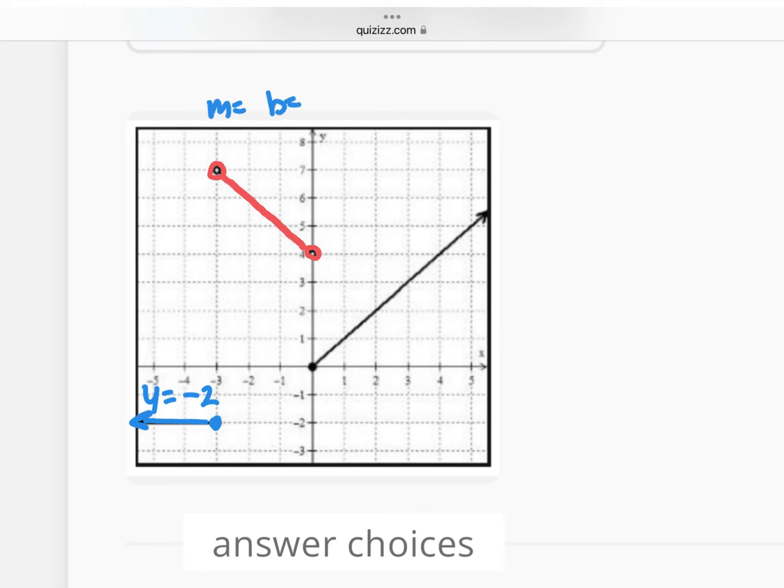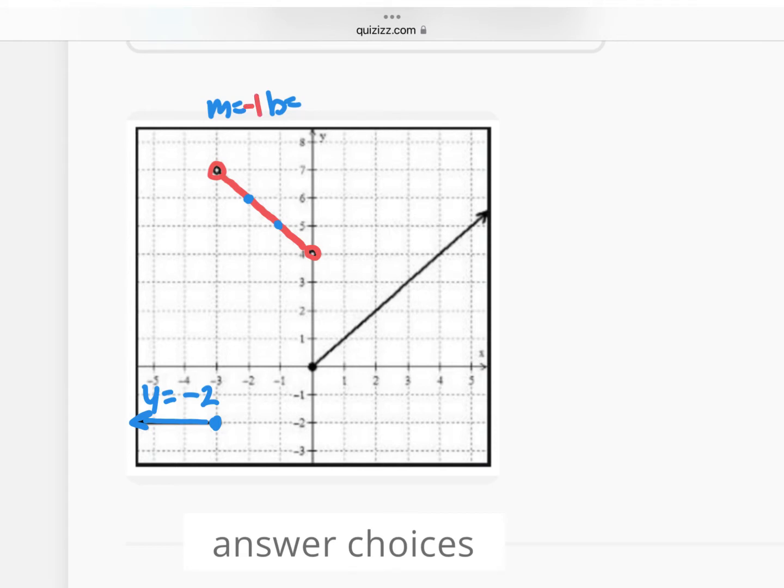Now the m value is how much it rises over runs, and from this dot to this dot, it drops 1 and it goes over 1. It goes down 1 over 1. Or you could go from this one to this one, down 1 over 1. Even if you were to go from this one to this one, it goes down 1, 2, 3 over 1, 2, 3. And if you did have -3 over 3, that becomes -1 anyway. Your slope is -1.